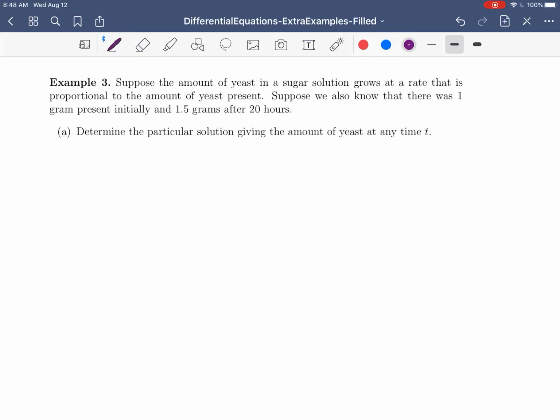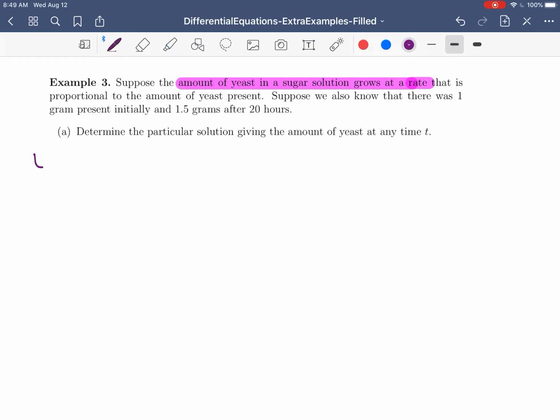Okay, so let's just highlight some stuff here. So the amount of yeast grows, okay, at a rate, let's say. So that's a rate, the rate that the yeast is growing.